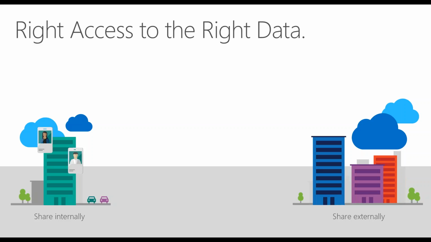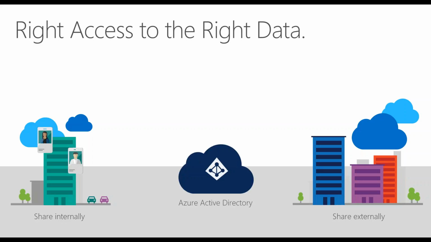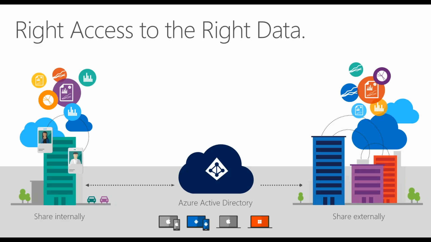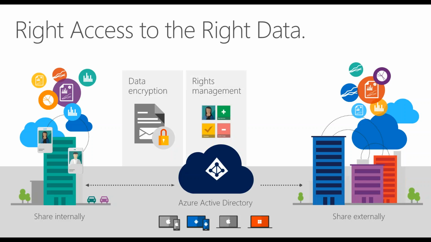And then the third pillar here, as this slide builds out, is the rights management piece, right? So you've got that device that's managed, you've got the identity that's securely accessing it all, and then you've got the rights management component so that we have the right access to the right data.